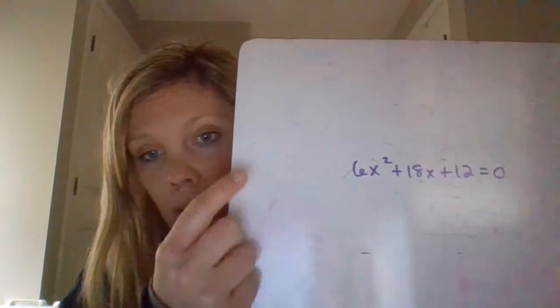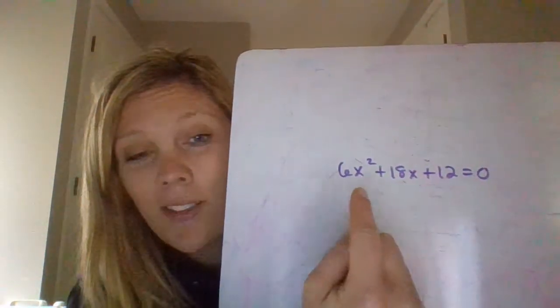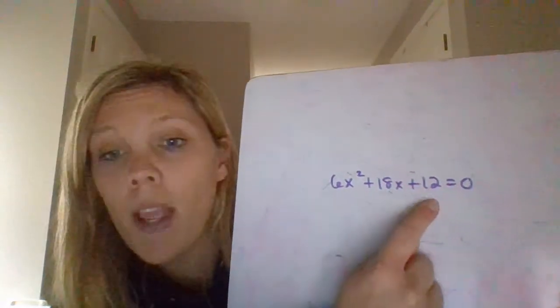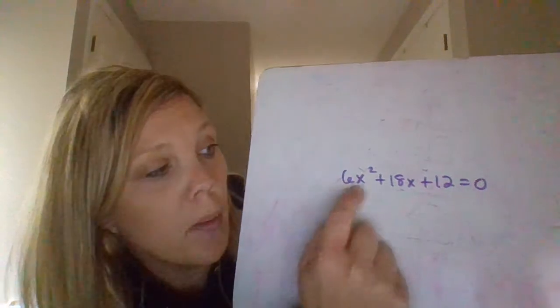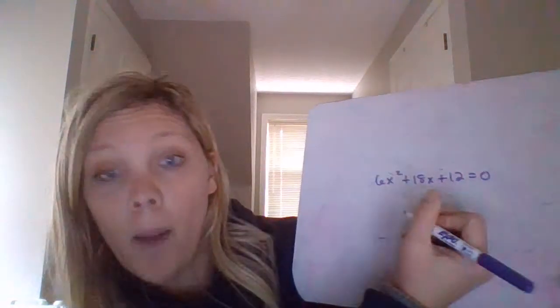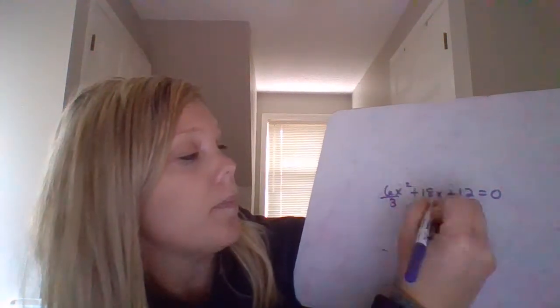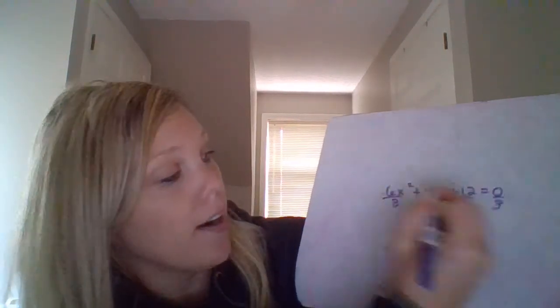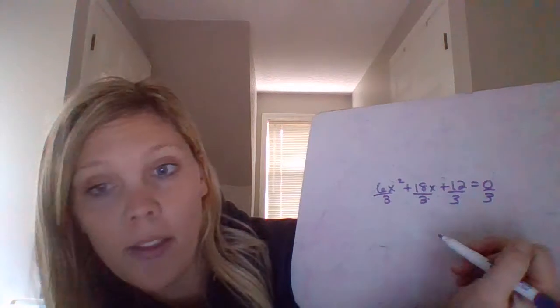If you look at every number that you see, I notice that they're all divisible by the number 3. Yours is divisible by a different one, but I would look at that. So I actually divide out the common factor of 3 completely. What I do to one side, I must do to the other. So I'm dividing everything by 3.